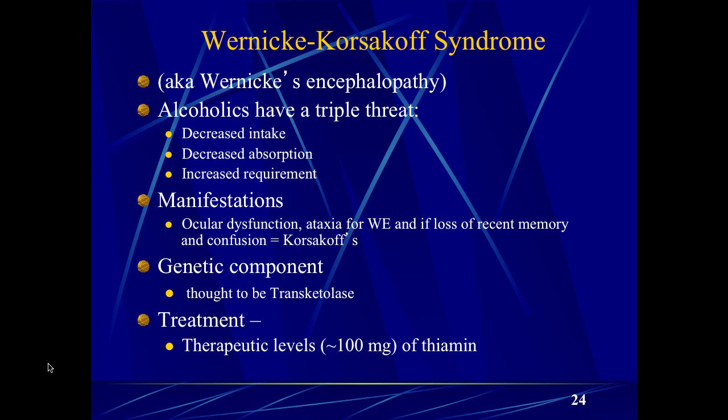Okay, and remember we've said kind of in general, water-soluble vitamins not stored in significant amounts. So it's important that a person consistently takes in thiamine through their diet. Alcoholics, chronic alcoholics tend to not do that. So it's common for them to have thiamine deficiency. Manifestations of this are ocular dysfunction. So the eyes can be subjected to involuntary movement.